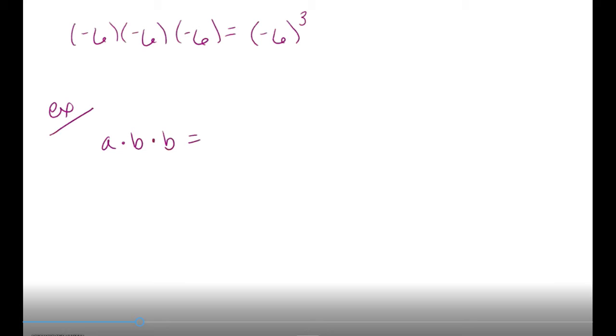Okay, so you simply have to count how many of each you have, and you're going to use that number as your exponent. So in this case, I only have one a, so it's a to the 1st. And then I have 2 b's, so that means I'm going to have b squared.